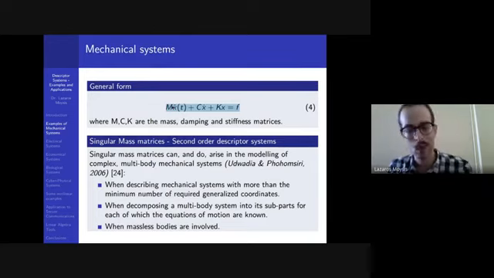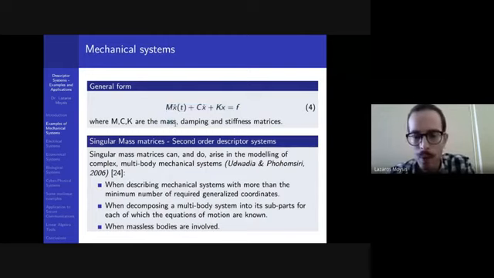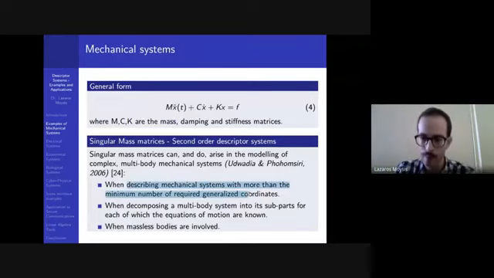Where can this appear? Well, there are some research directions and research groups that have shown that in case you have multiple bodies in the system, in order to derive the equations of motion, it may eventually be easier to derive them if you use more than the minimum number of coordinates.